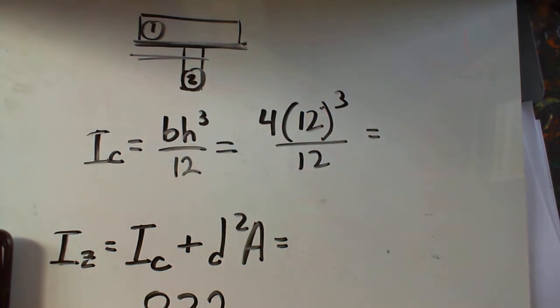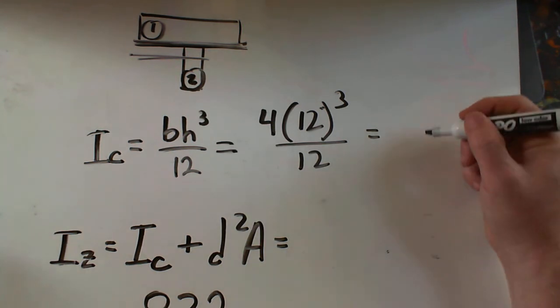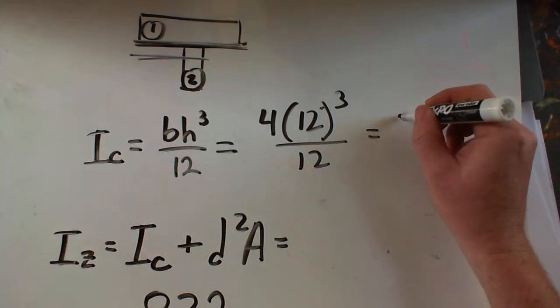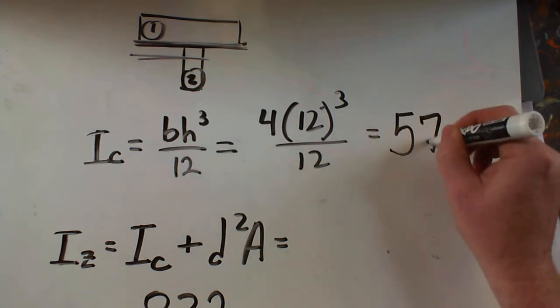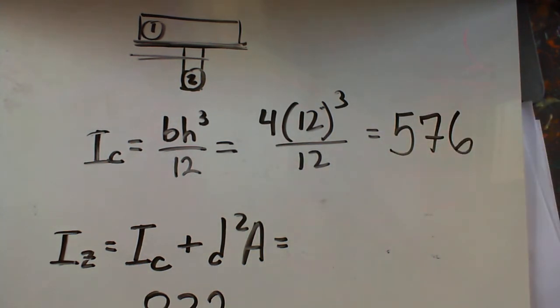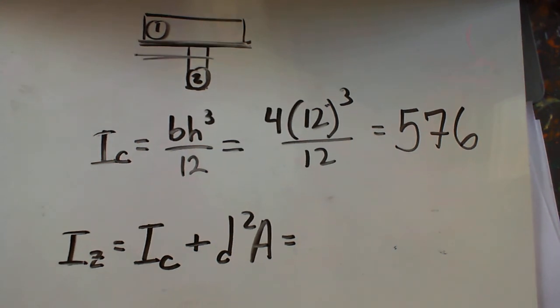So as we can see, the I sub C for this part is going to be 4 times 12 to the third divided by 12. My I sub C in this case is going to be 576. That is a much larger value than what we had in the first one.